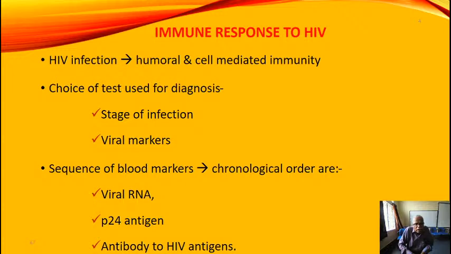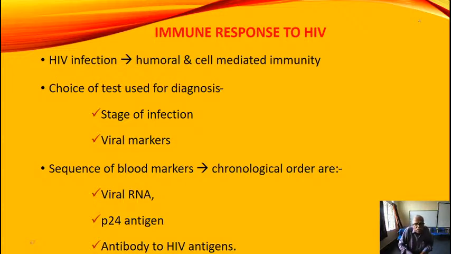Then lastly, we have antibodies, which appear as late as a minimum of 3 weeks. These antibodies are IgG dependent antibodies. Unfortunately, we don't have any test to detect IgM antibodies. The IgM antibodies make entry first into the blood, but they are large in size, with molecular weight of more than 500 thousand.